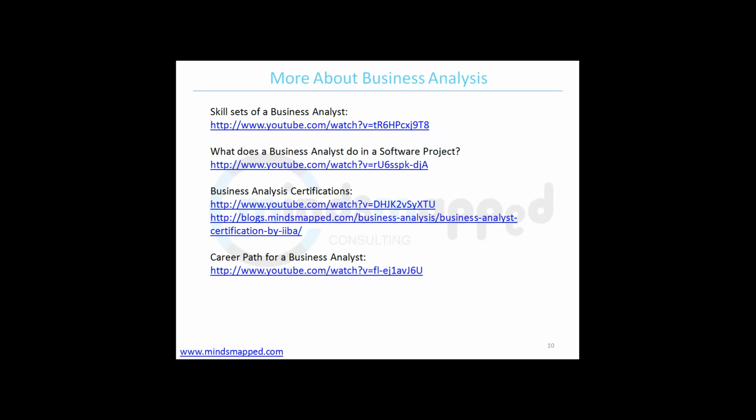You could move up as project managers or scrum masters, or you just stick to the product side, so you could become lead business analysts or product managers. All right. So these are the different career paths for a business analyst. So what does a business analyst do in a software project? We're going to discuss this in detail, so no worries about that.